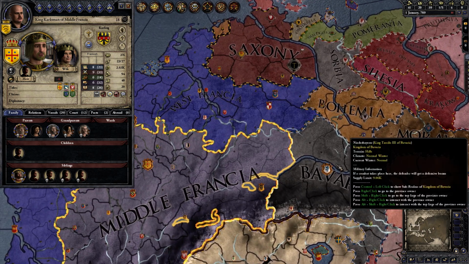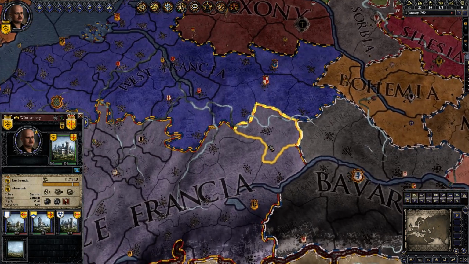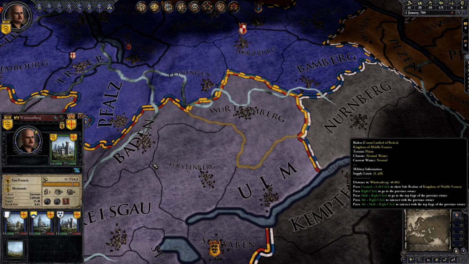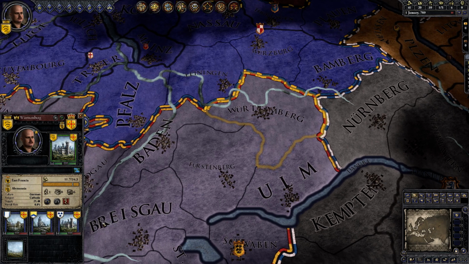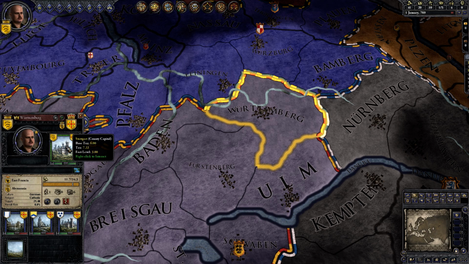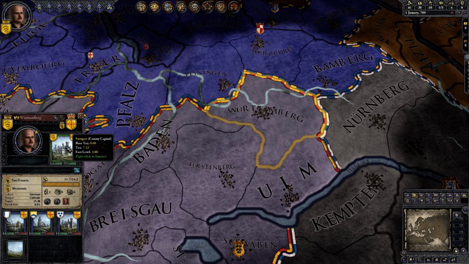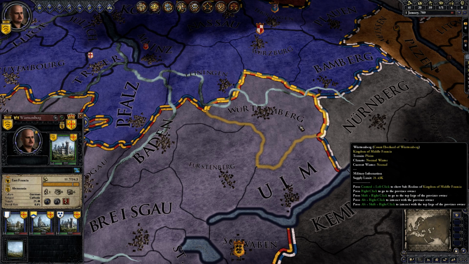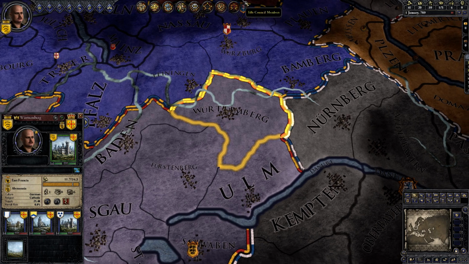Yeah. So we are here and we have this holding, Württemberg. Württemberg has 4 sub-holdings. The main holding here is Stuttgart, which is a city that really exists. It is the state capital of Baden-Württemberg, the modern state in Germany.